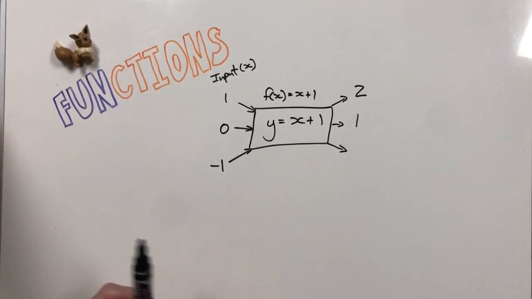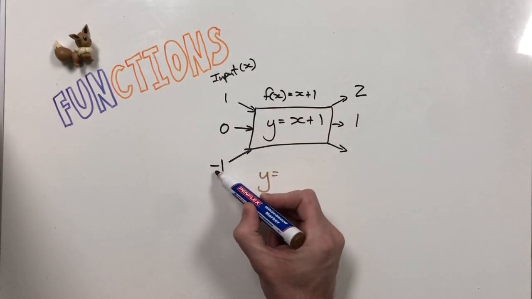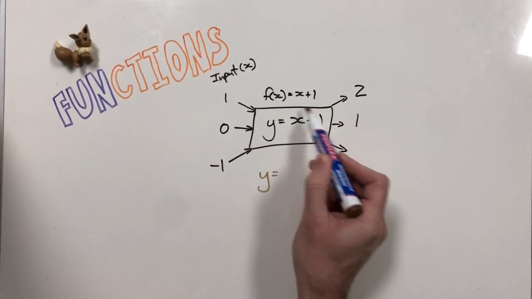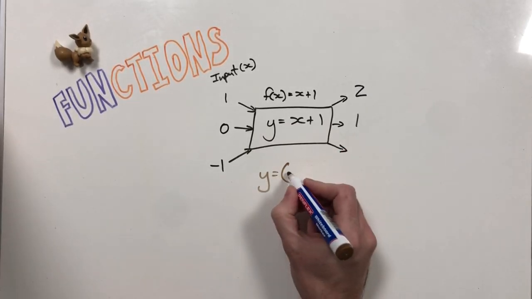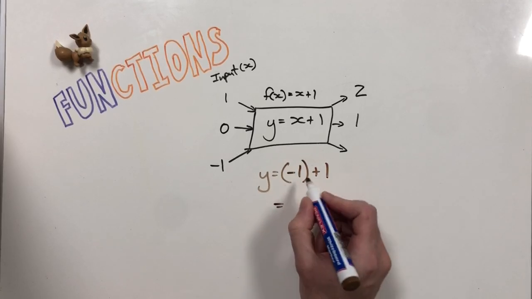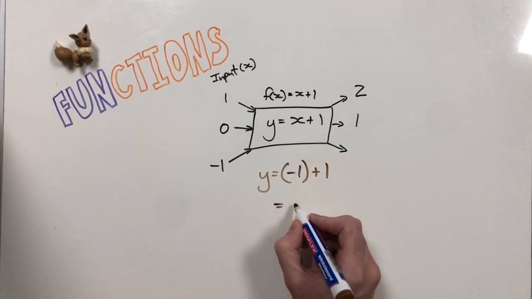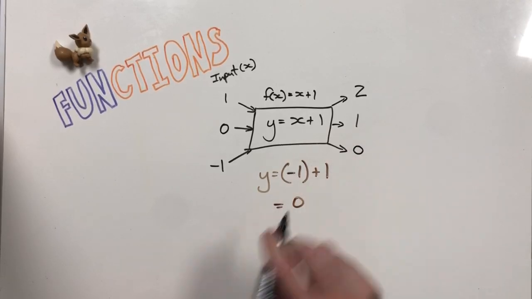So if my x is negative 1, I'm putting that into my function and letting it run, or calculate. Negative 1 plus 1 would be 0. So in this case, if I put in negative 1 here, I would have 0.